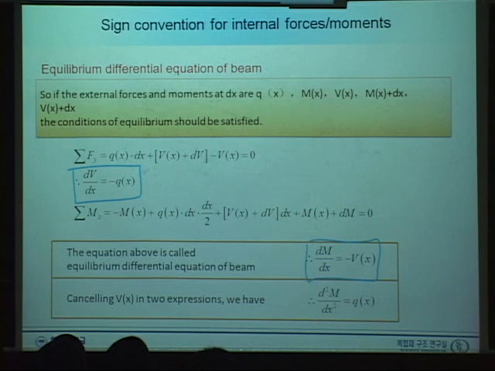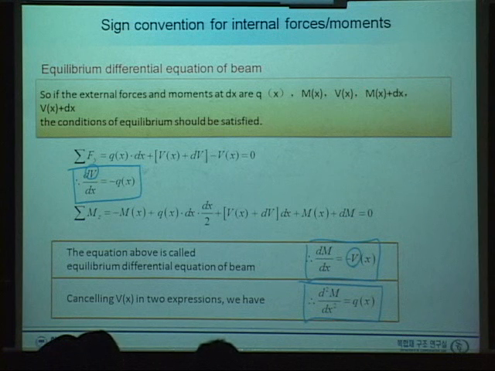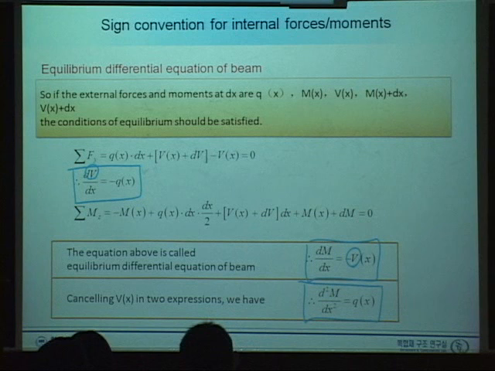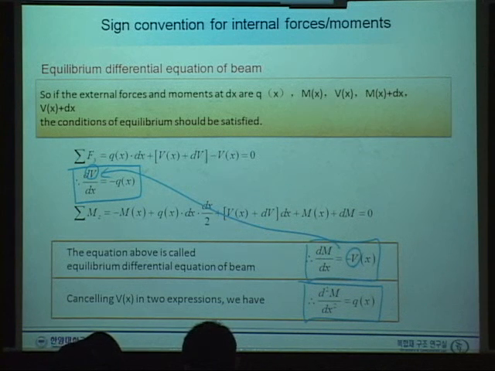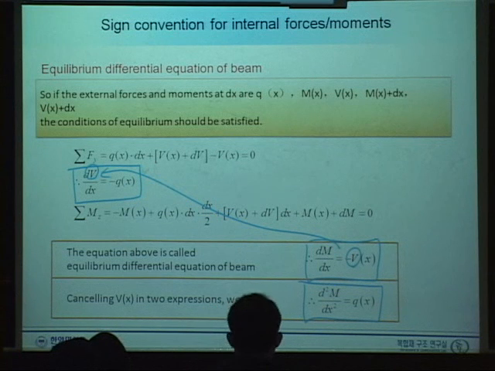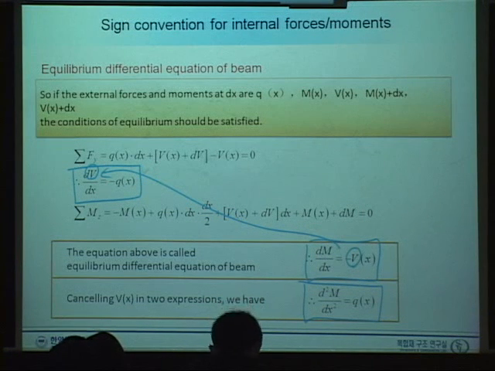And here, if we eliminate the V, we can have the moment in terms of q. We put this into here, then V will be gone, and we have the moment in terms of q.